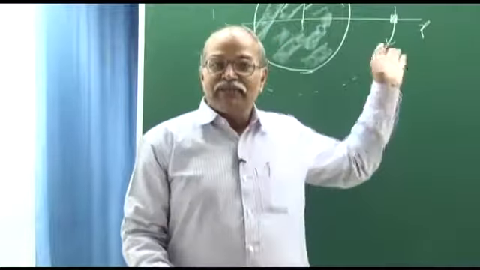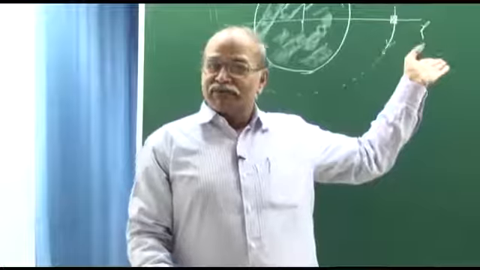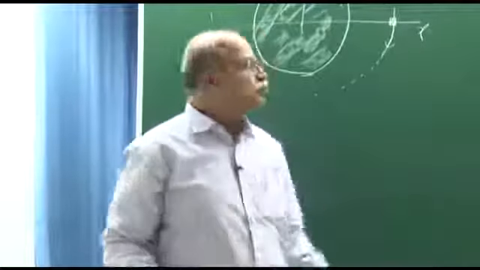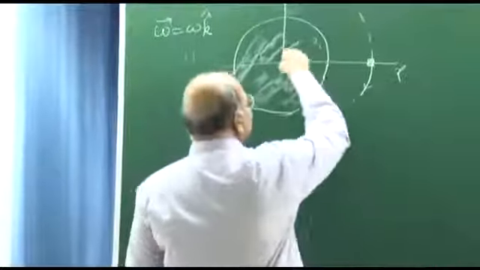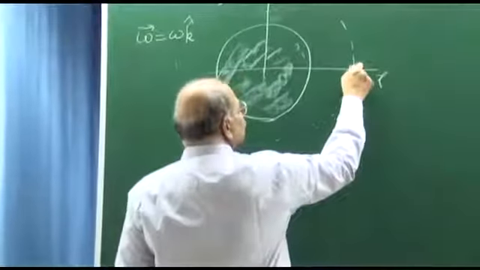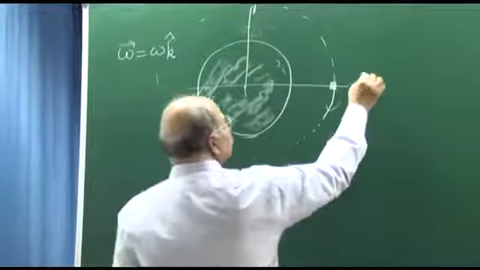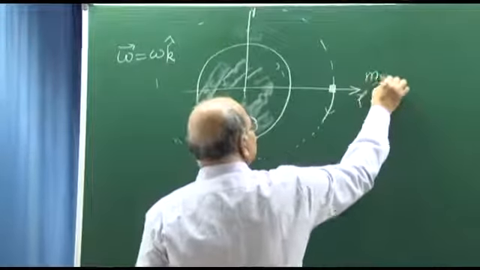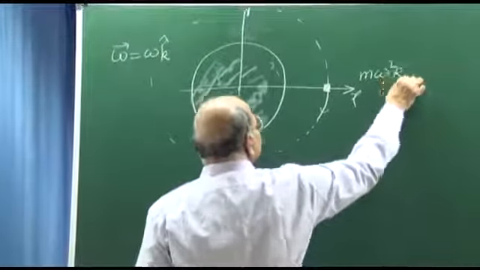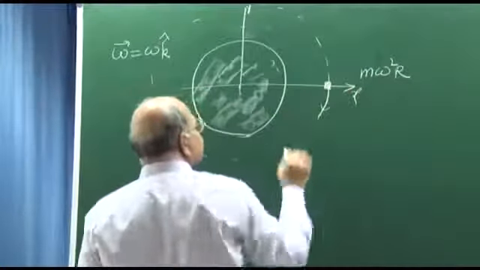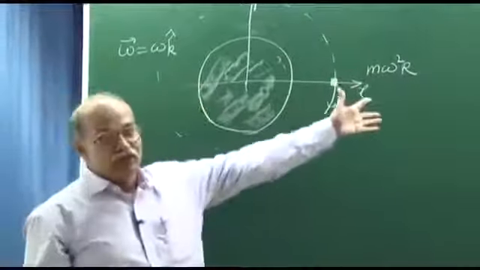Since it is a rotating frame, I must apply a centrifugal force, and the centrifugal force should be away from the axis. So, when this particle is here, the force should be in this direction, and that is m times omega square times the distance from this axis, this much force outward.